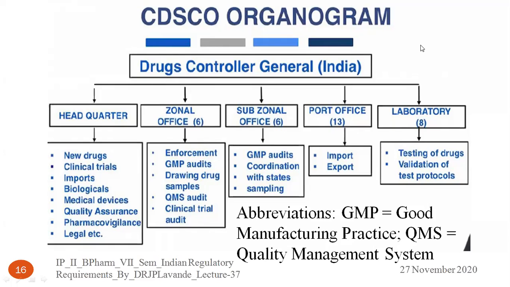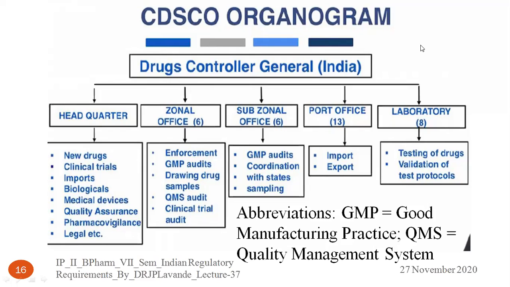It also has the division which is said to be the quality assurance division. The headquarter also has the pharmacovigilance division. That means after collecting the responses, after collecting the feedbacks from the market related with that of the drugs. This is also associated with the process of the legal approvals.